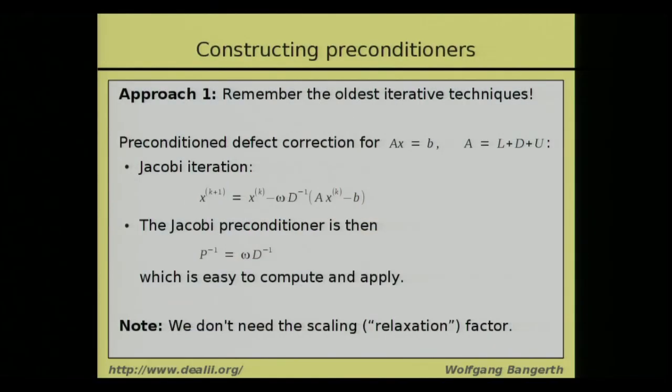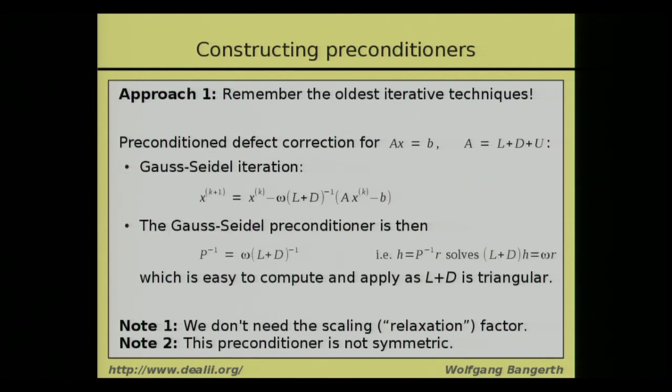So I'm quite happy in the CG method to omit this factor omega, and just come up with something where P to the minus 1 A is something like a diagonal matrix. So in the CG, I can forget this relaxation factor.